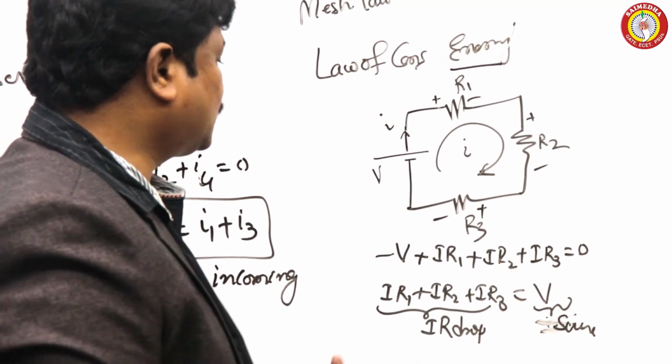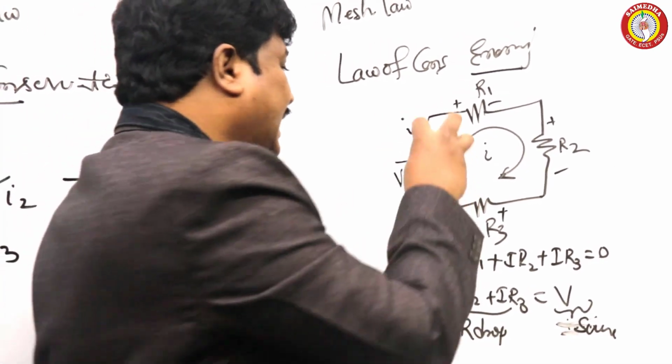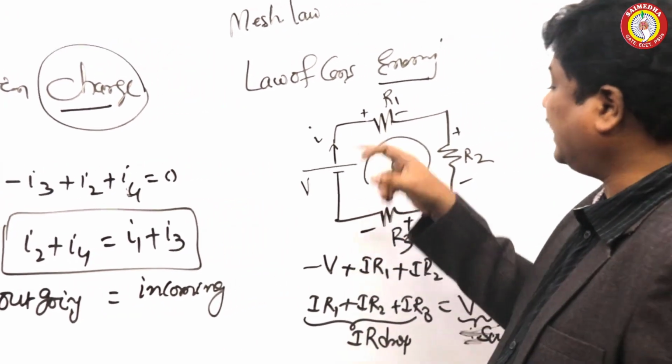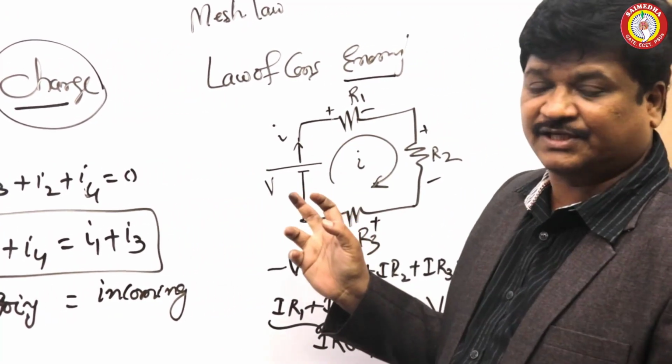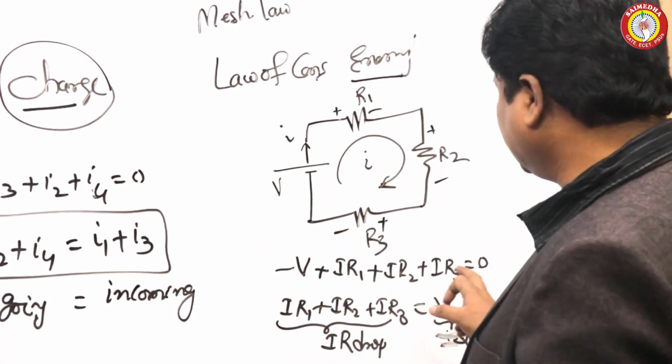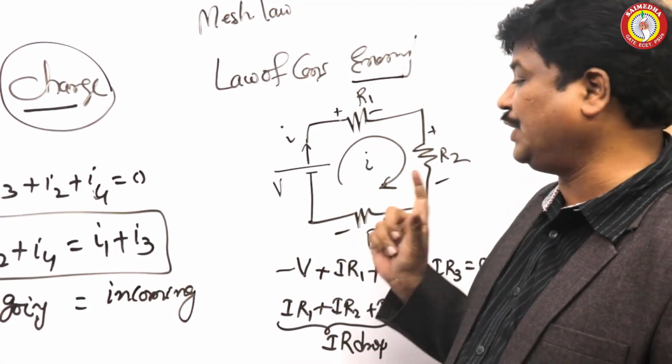So whatever the source is given, that entire source voltage will be dropped across the resistances. Finally, the resultant voltage, including polarities, whether it is a drop or source, will become 0.